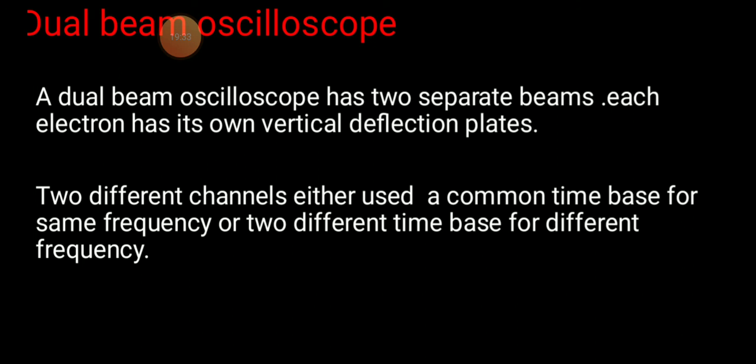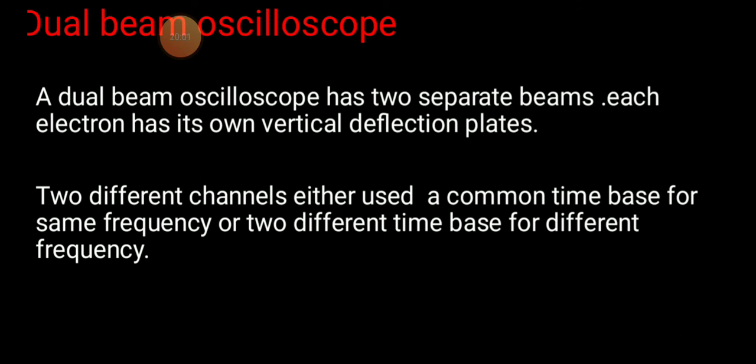So what is the difference between dual trace CRO and dual beam CRO? In dual trace CRO, a single electron beam is used to display two traces. In dual beam CRO, two electron beams are used for displaying two traces. A single vertical amplifier is used, as you observed in the diagram, while in dual beam two vertical amplifiers are used.